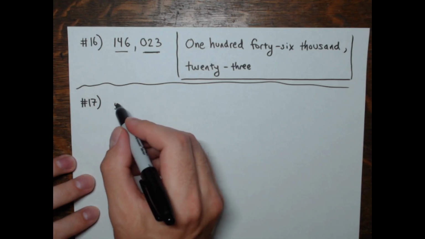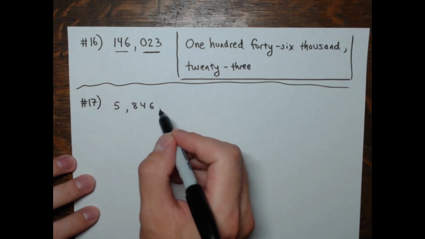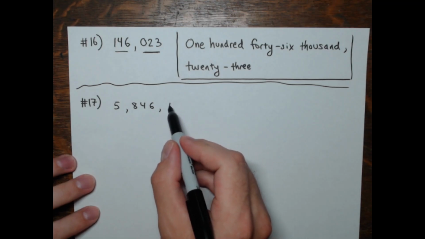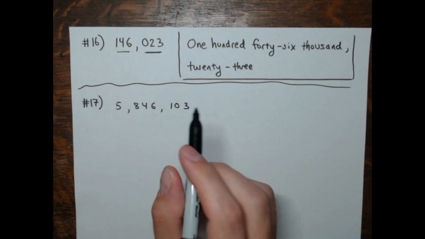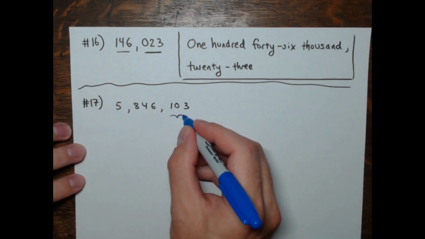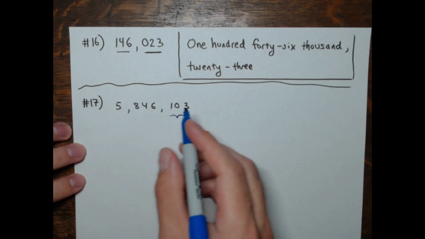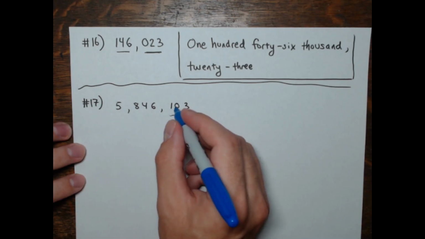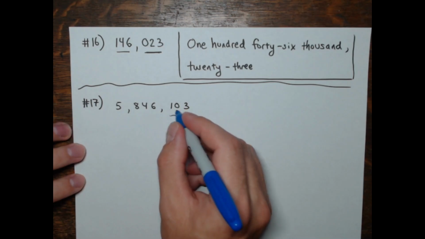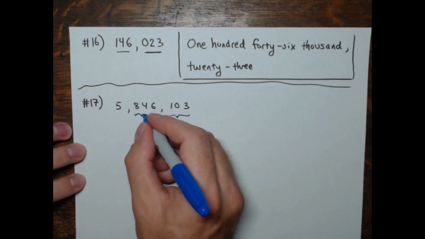So we have 5,846,103. Once again, the periods, I'm just going to do this because there's this extra period now with the 5. The first 3 digits to the right are the ones period, as we've seen.